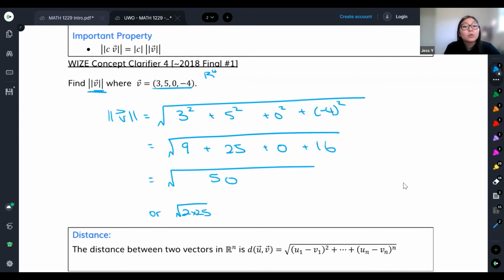The reason why I picked 25 is because 25 is a perfect square. 25 is 5 times 5. So if they somehow simplify this on the exam and you're like, wait, in the answer options, there's no square root of 50, see if you can simplify by breaking this down into 2 numbers multiplied together where one of those numbers is a perfect square. Because now this turns into the square root of 2 times the square root of 25, and square root of 25 is 5. So this is 5 square root of 2.